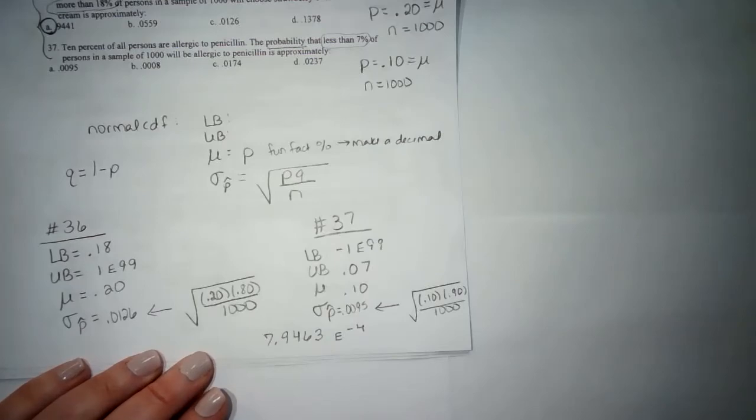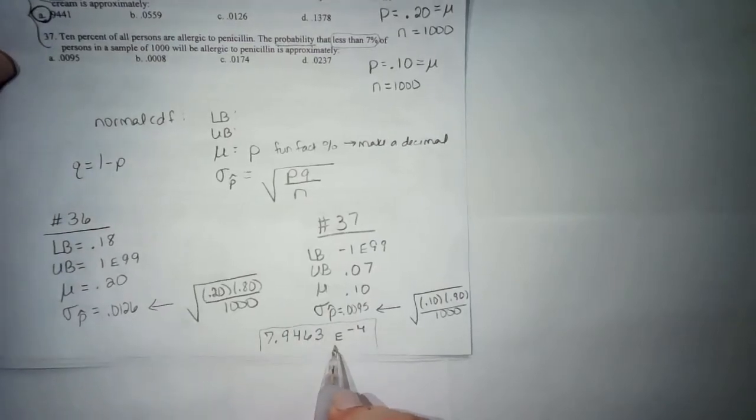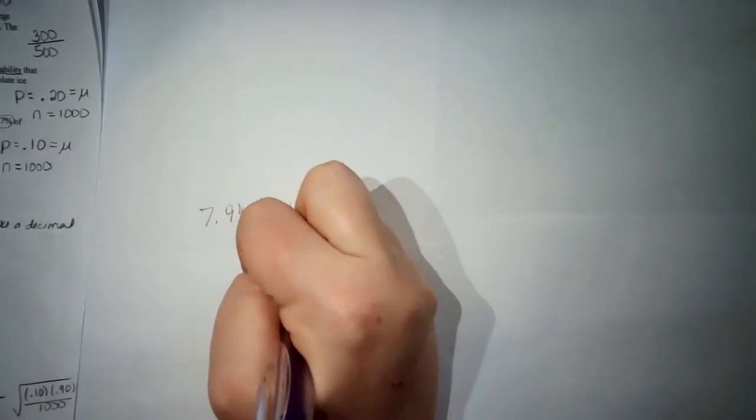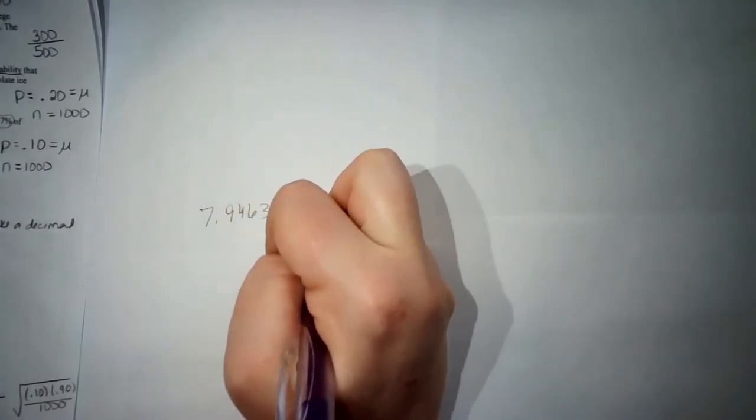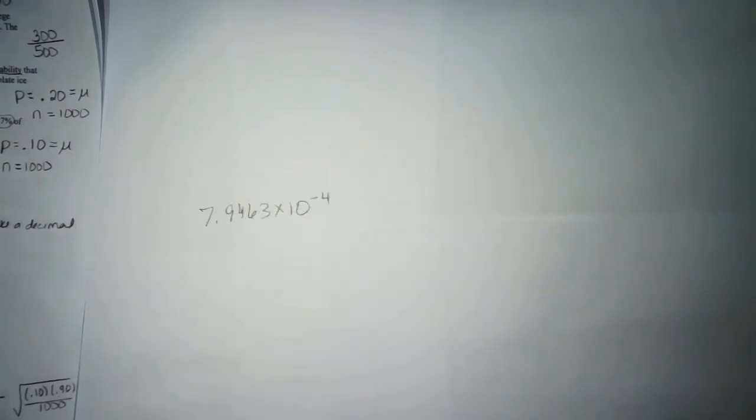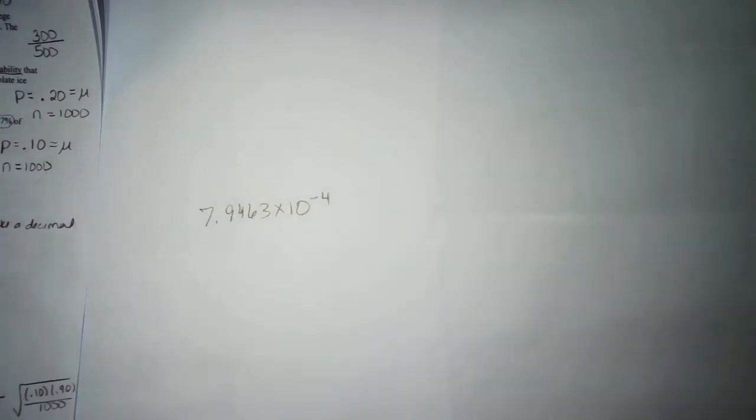Remember, we talked about this before. This is your calculator's way of saying 7.9463 times 10 to the -4. This is your calculator's way of putting it in scientific notation. What'd you get, Maddie?